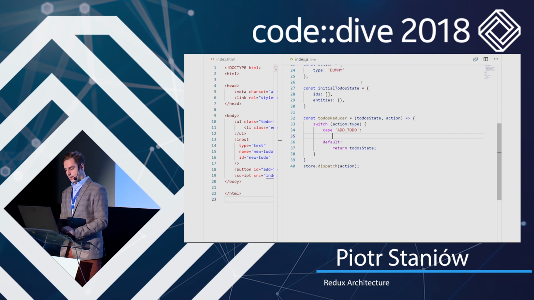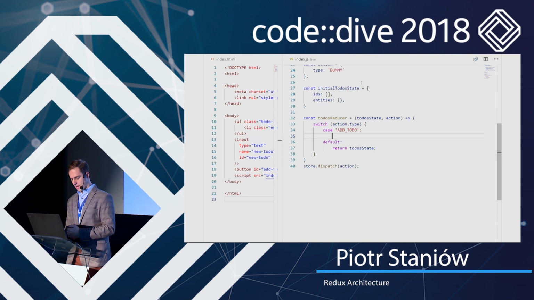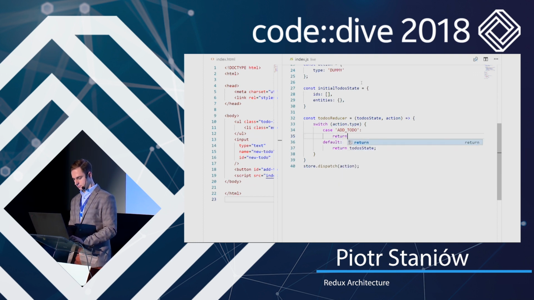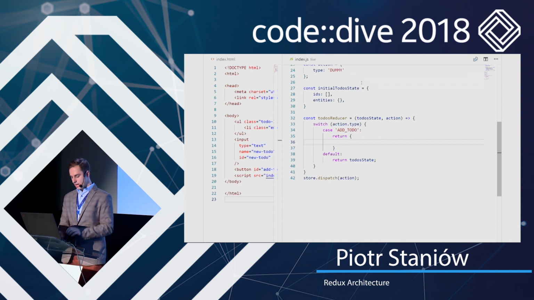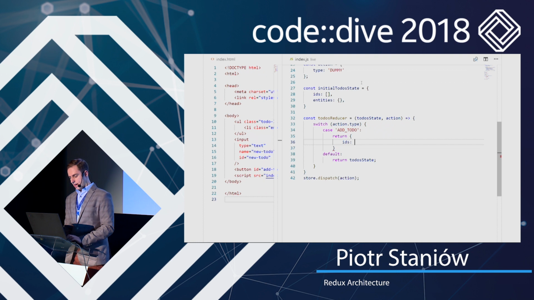Okay, so when I receive a new ToDo that I would like to add, I need to return a new piece of state. And the IDs will be copied. And I'm adding a brand new ID.